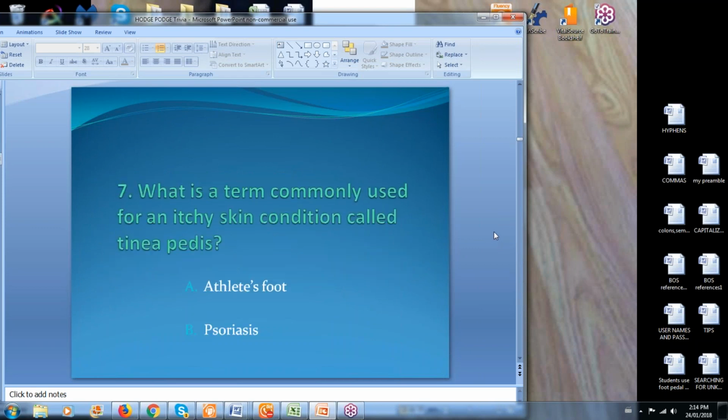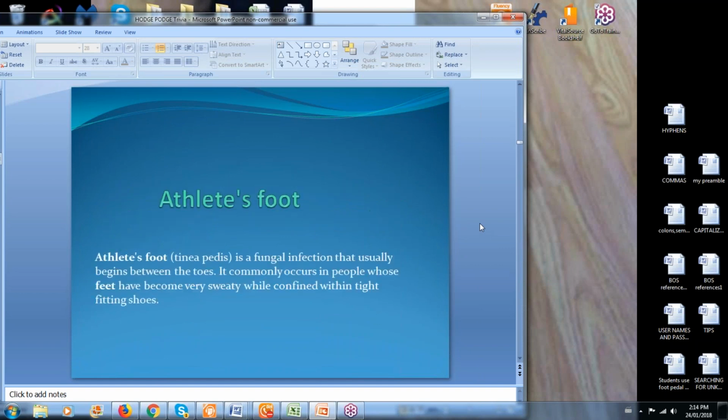Okay, 7. What is a term commonly used for an itchy skin condition called tinea pedis? Is it A, athlete's foot, or B, psoriasis? Okay, it's actually athlete's foot.